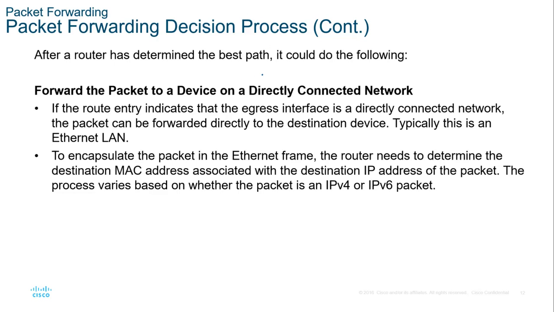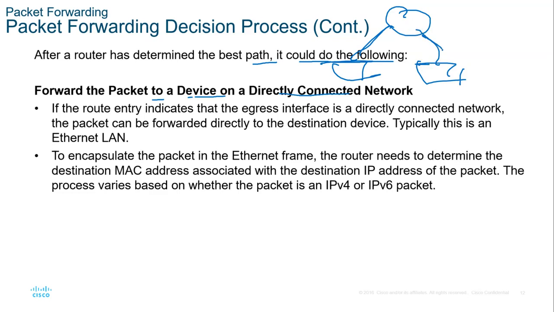After a router has determined the best path, it could forward the packet to the device directly, so this is the source and the destination is on the same router. If the route entry indicates that the exit interface is a directly connected network, then the packet can be forwarded directly to the destination.